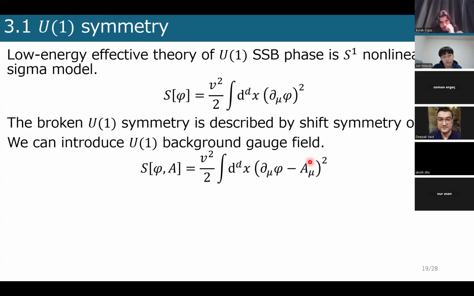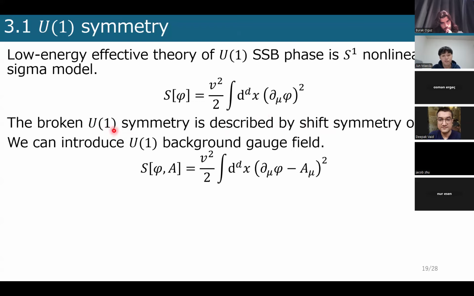The low energy effective theory of the U(1) SSB phase is described by the S1 nonlinear sigma model. The action is like this. In terms of the S1 nonlinear sigma model, the broken U(1) symmetry is described by a shift symmetry of phi. So this pi is a Nambu-Goldstone mode.